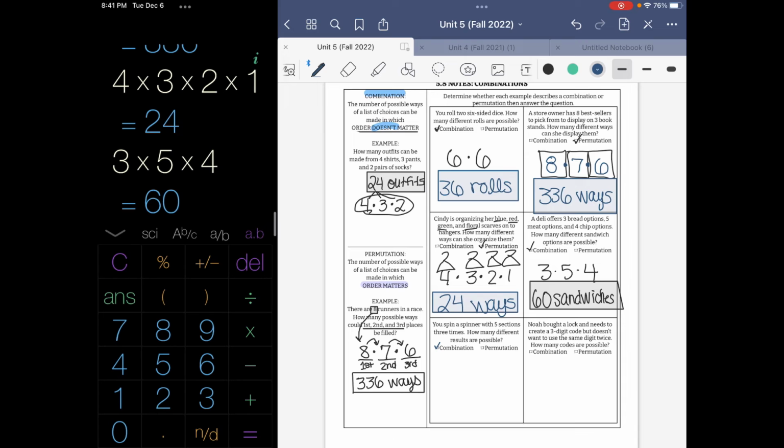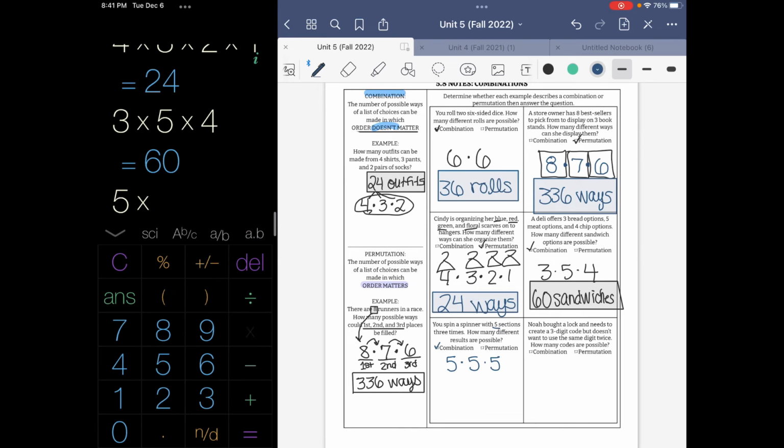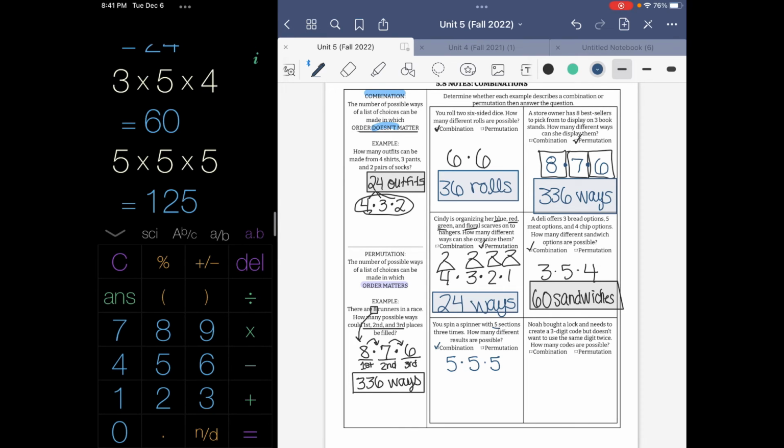Like if you spin a spinner, it could land on the same thing twice. So you've pretty much got 5 options because there's 5 sections for the first spin, 5 options for the second spin, and 5 options for the third spin. So 5 times 5 times 5, 125 results.